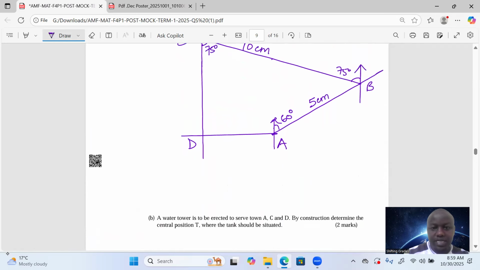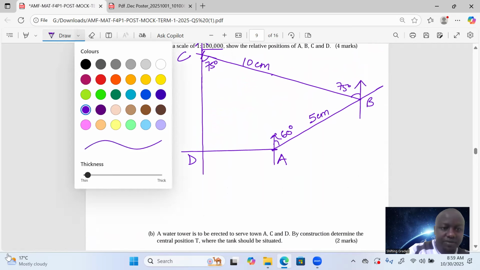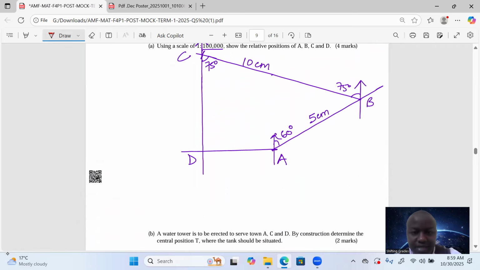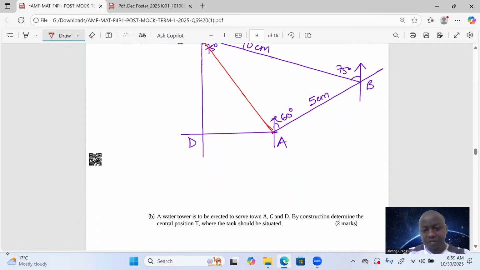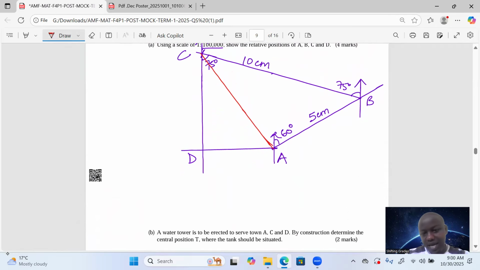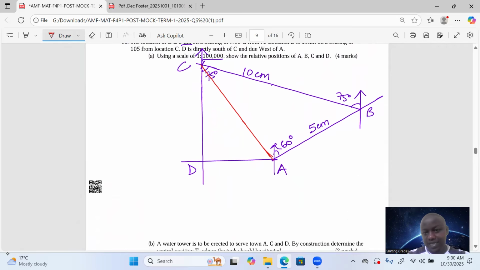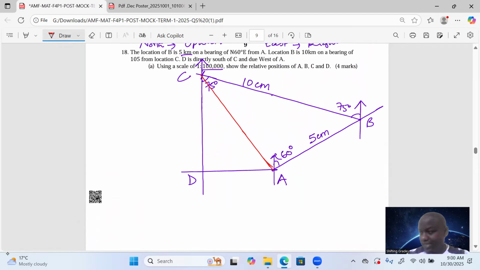So let's connect A, C, and D first. There's a triangle formed by the three points. If the tank should be at a central position, then we are supposed to bisect any two lines so that a circle can be drawn from where those bisectors meet.